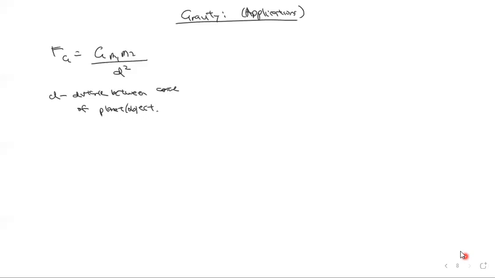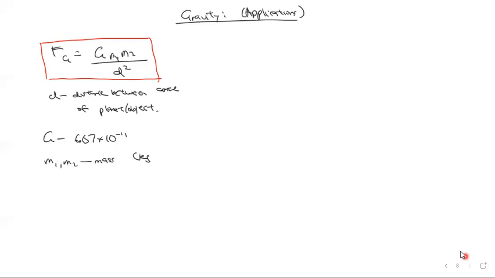So that's one of the key formulas you'll need going forward. G is the universal gravitational constant, which is 6.67 times 10 to the negative 11, and that, of course, is on your formula sheet. m1 and m2 are just masses in kilograms of the objects, and Fg is the gravitational force.